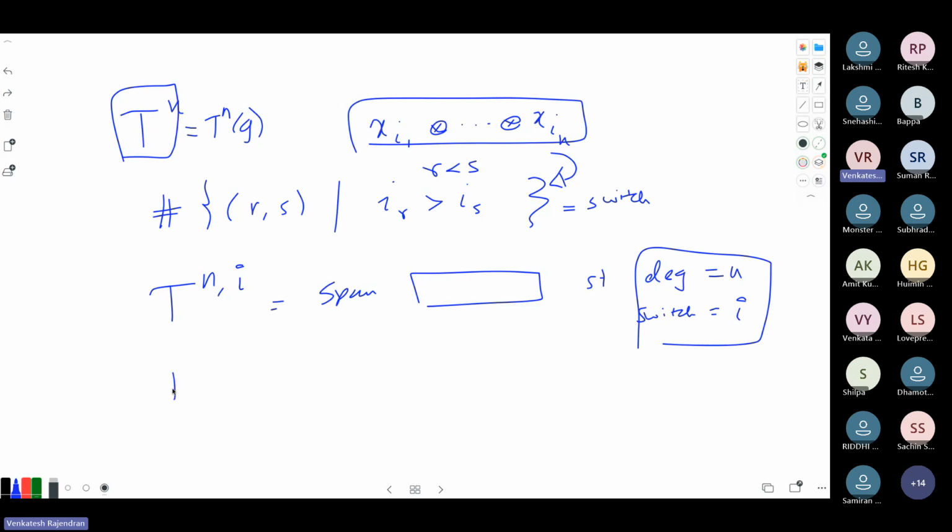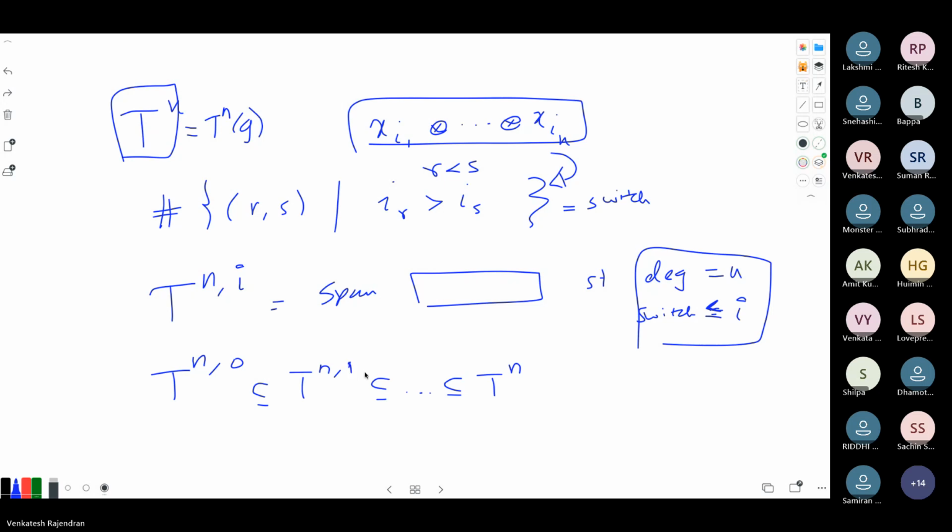Then you can see that this forms a filtration. You can take it to be at most i, so that the number of switches is at most i, giving you the filtration Tn0, Tn1, and so on up to Tn.